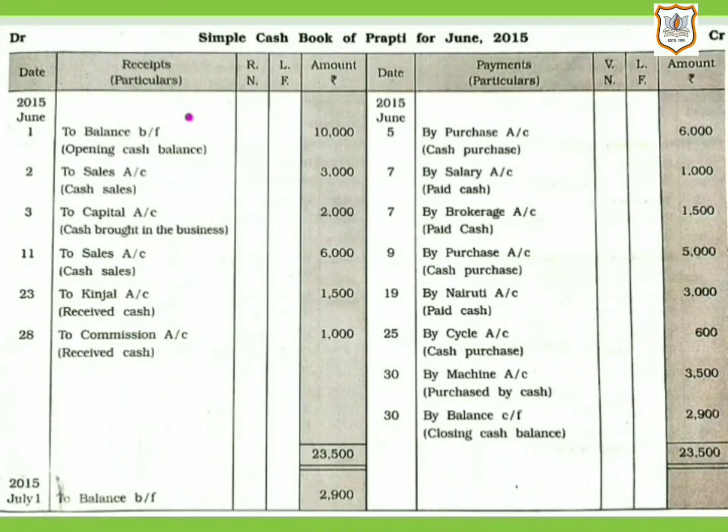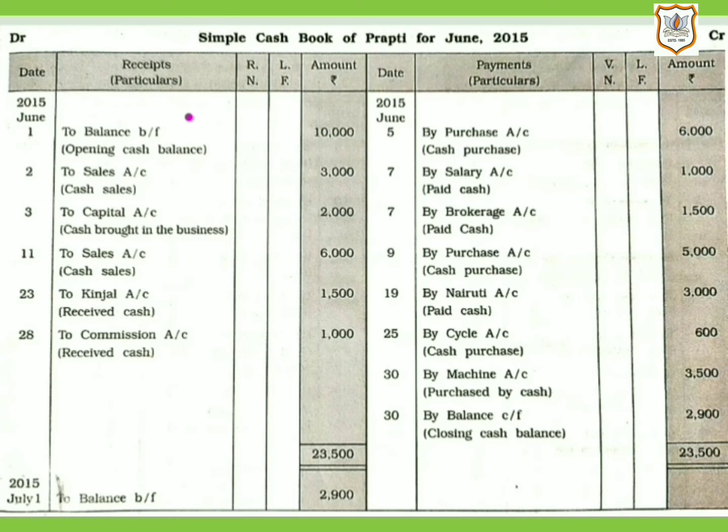Now next transaction, date 2nd, cash sales rupees 3,000. So first we have to determine whether it is a cash transaction or credit transaction. This is a cash transaction, so it will be recorded in cash book, but on which side? For this, we have to decide whether we are receiving cash or cash is going out of the business.